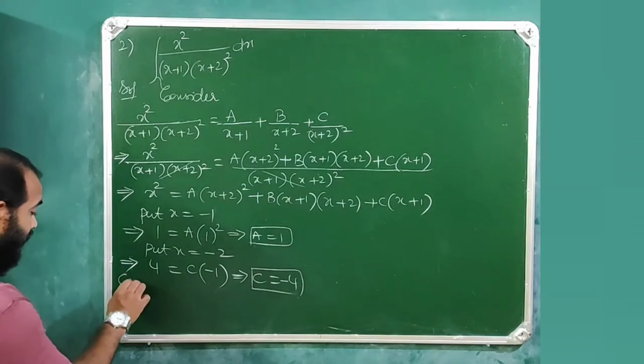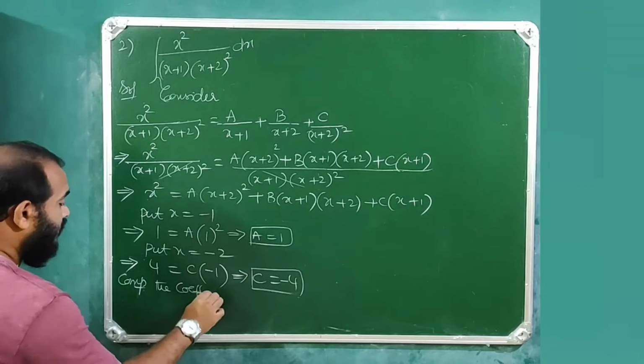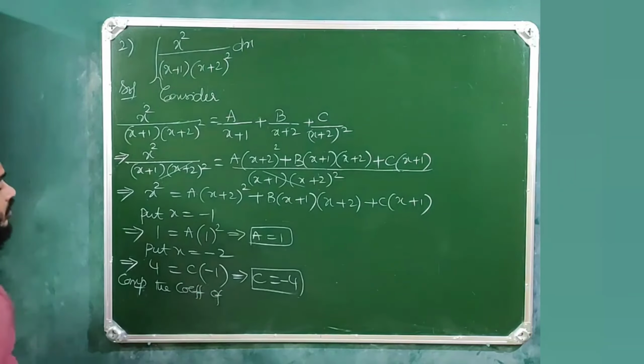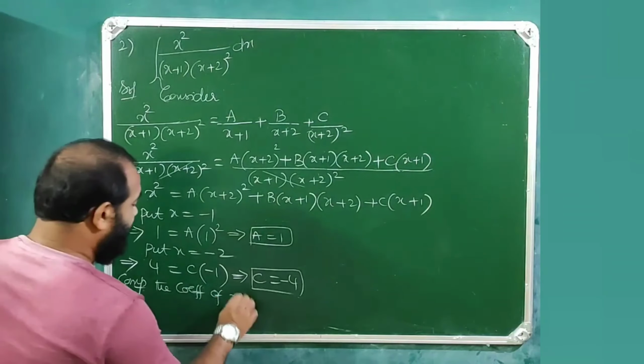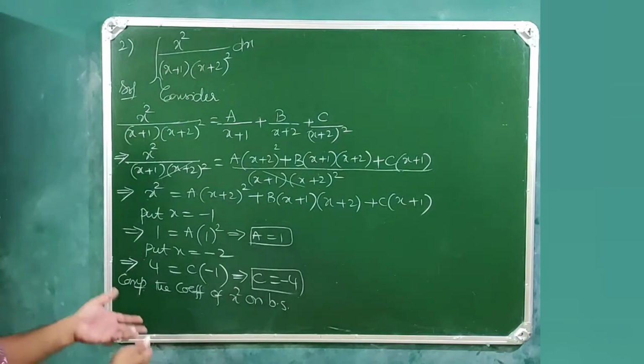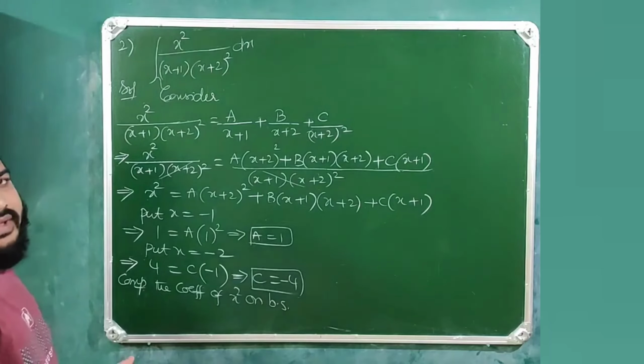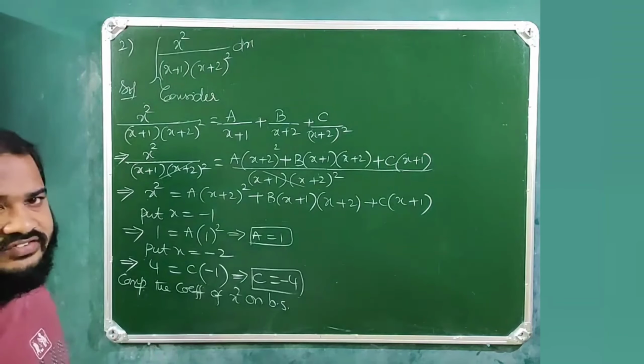So, comparing the coefficients of x square on both sides. Whatever we can compare. We can even compare the coefficient of x, or we can compare the constant on both sides as well.